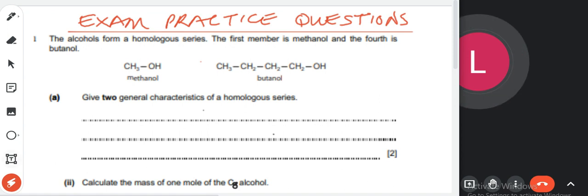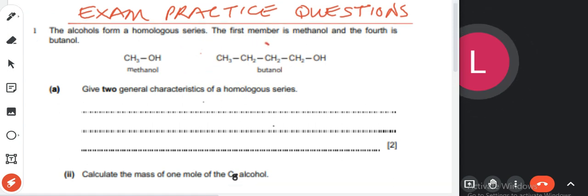For methanol, you have 1 carbon atom. For ethanol, you have 2 carbon atoms. For propanol, 3 carbon atoms. For butanol, 4 carbon atoms. So that's a gradual increment by 1 as the chain increases.